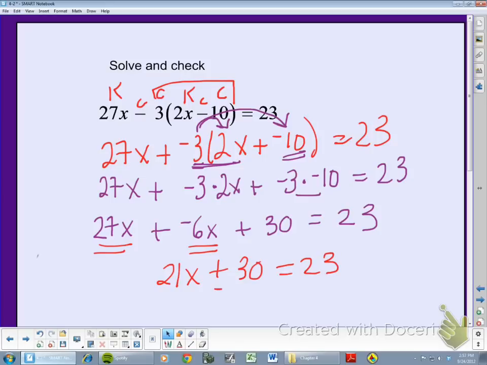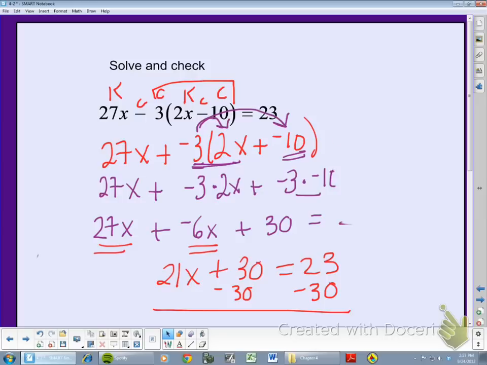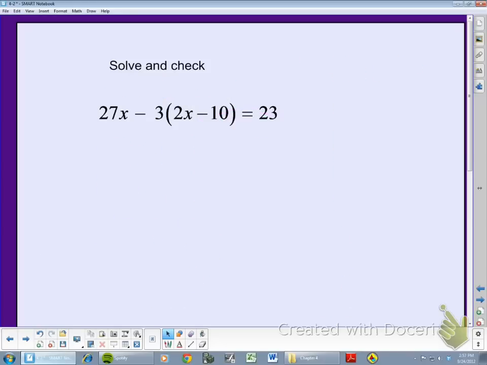Now we want to subtract on both sides. Okay, I'm actually going to put some space over here so that I can finish doing this problem. Let me just carry this up over here. We have 21x plus 30 is equal to, what was that, -7.